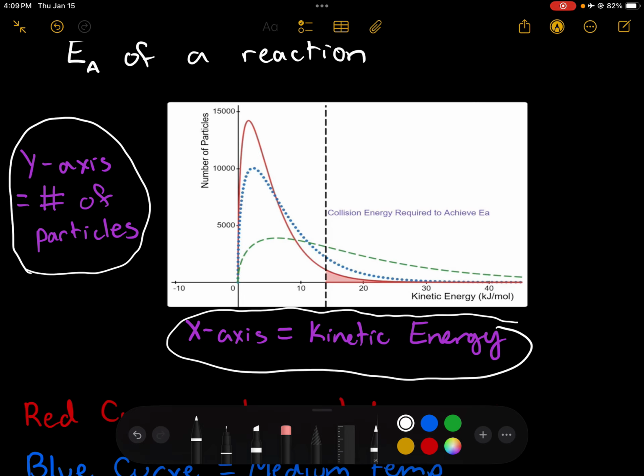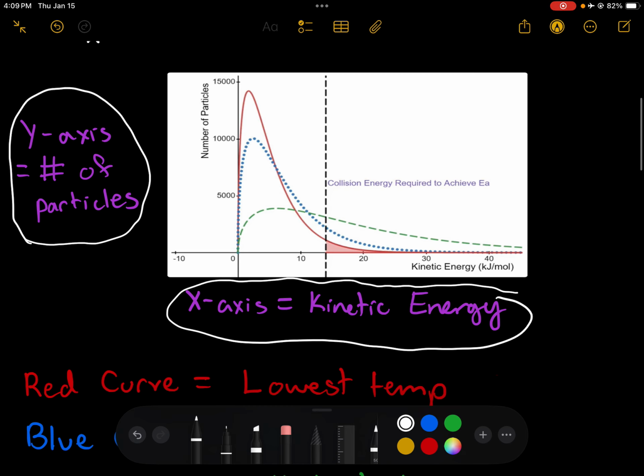All right, so looking at this graph, we're seeing three different lines. This red line here that I'm tracing right now represents the sample that has the lowest overall temperature, which at first glance doesn't look like it would be a low temperature because it looks like it's the highest curve. So we're going to call that line 1.